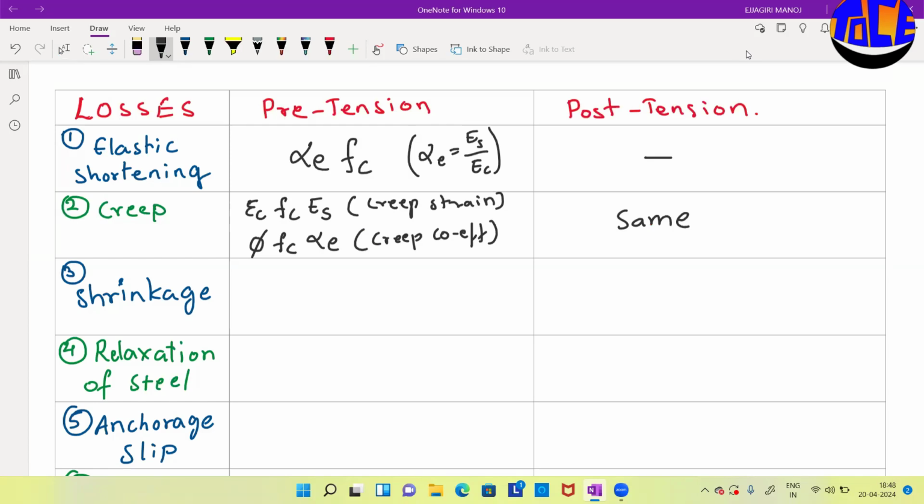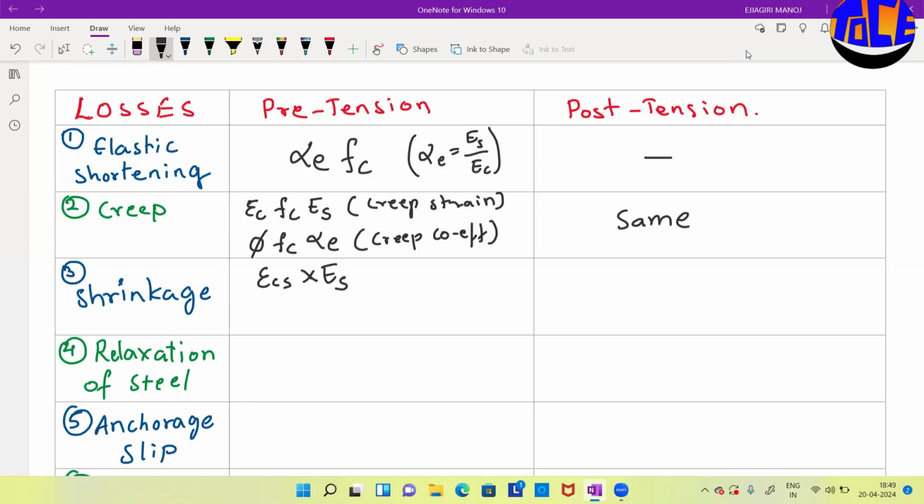And coming to shrinkage, here we are going to use the ultimate shrinkage strain. So the formula will be the ultimate shrinkage strain into the Young's modulus of the pre-stressed steel.